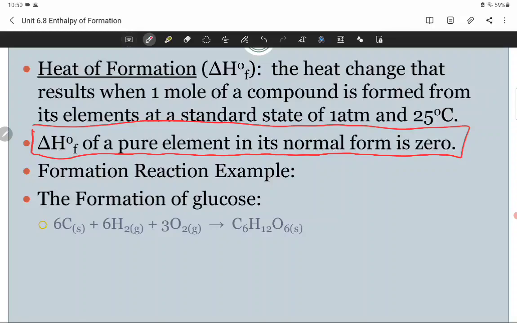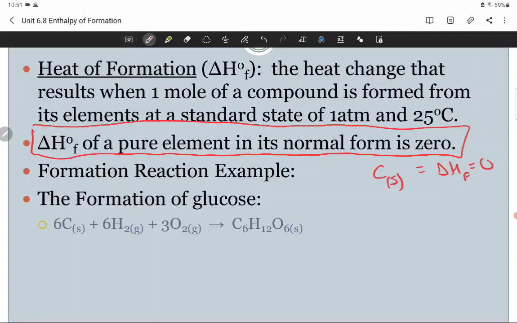Sometimes the textbooks will skip some of those elements and you won't be able to find them. Or on a test, I may not give you the delta H value for solid carbon. You're supposed to know that the delta H of formation for that is 0.